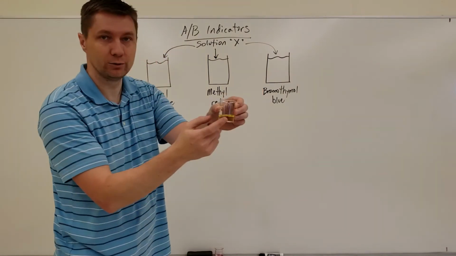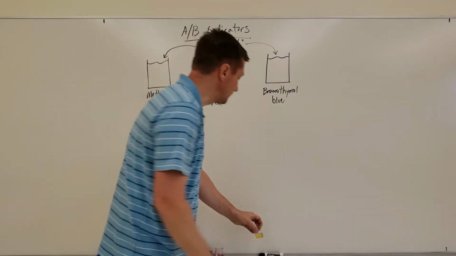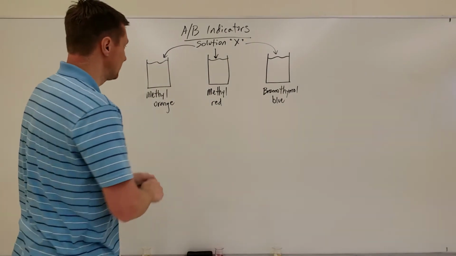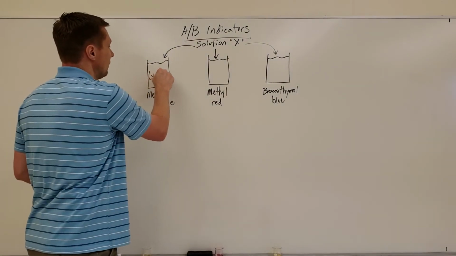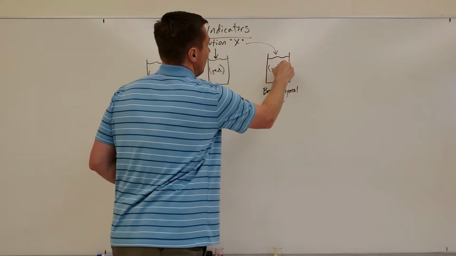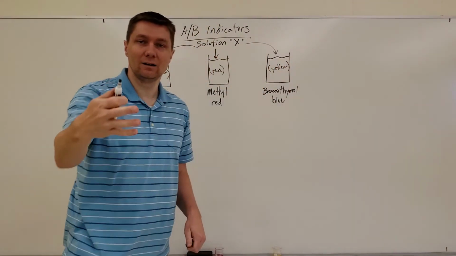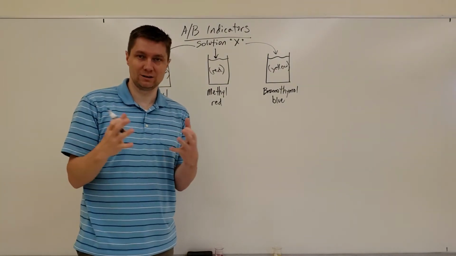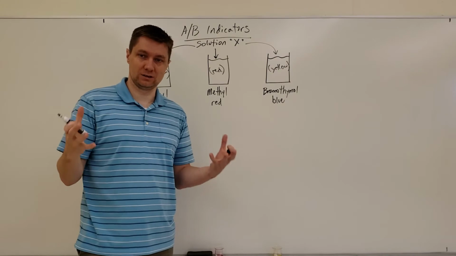And bromothymol blue, you can see here, is yellow. And so those are the colors. Now what you can do with this is indicate what these colors are: yellow, red, and yellow. And then go into your data booklet on page 6, and you can identify what the pH of this solution is.